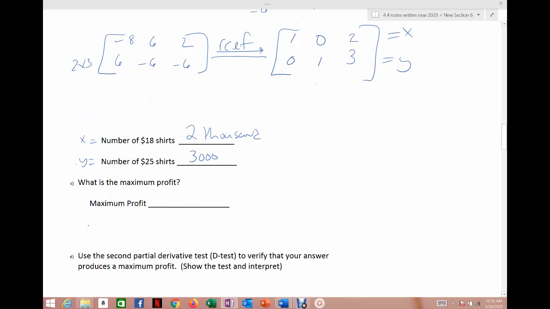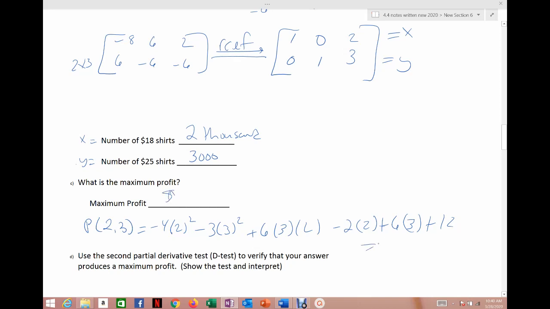And then to find the maximum profit, we're going to plug our 2 and our 3 into our original function. Again, just make sure you're careful when you plug it in. Alright, and again, this is also in thousands of dollars.